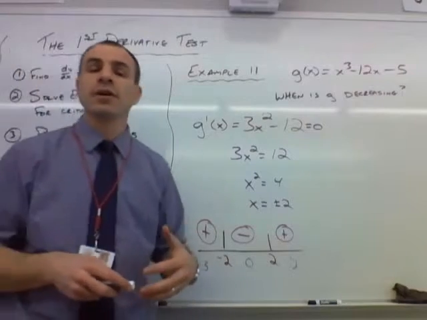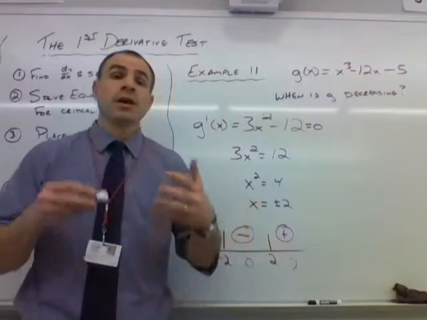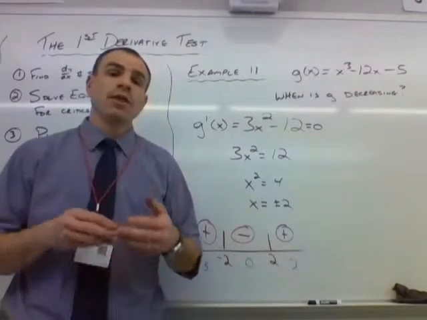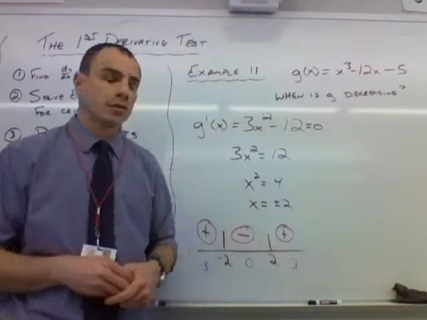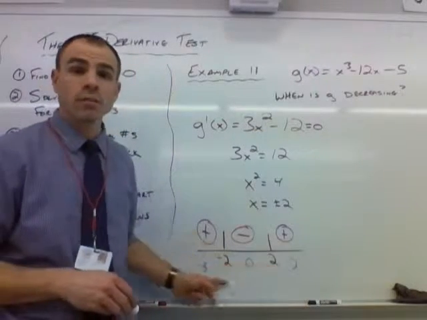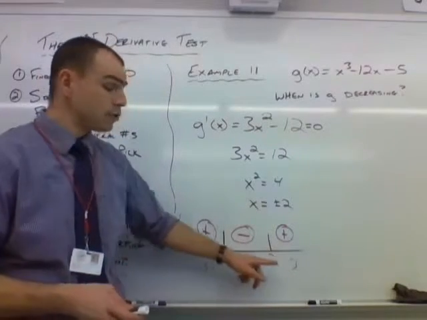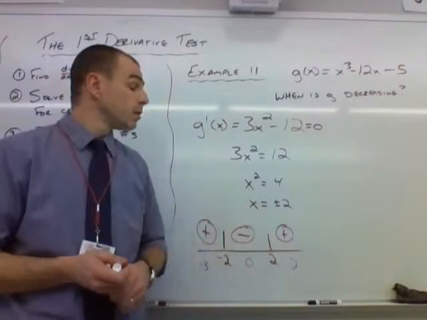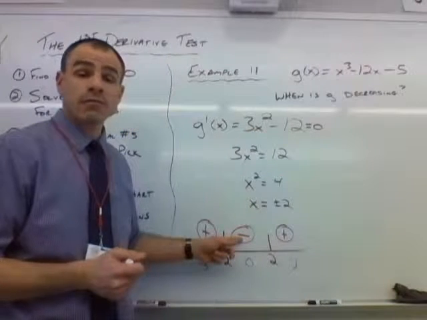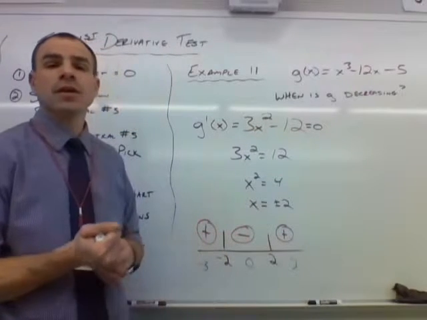And those test values are literally just test values. The increasing and decreasing intervals, they work off of the critical numbers. So you want to make sure that you're using the brown critical numbers and not the blue test values. Okay? In between negative 2 and 2, the derivative is negative, and therefore our function is decreasing.